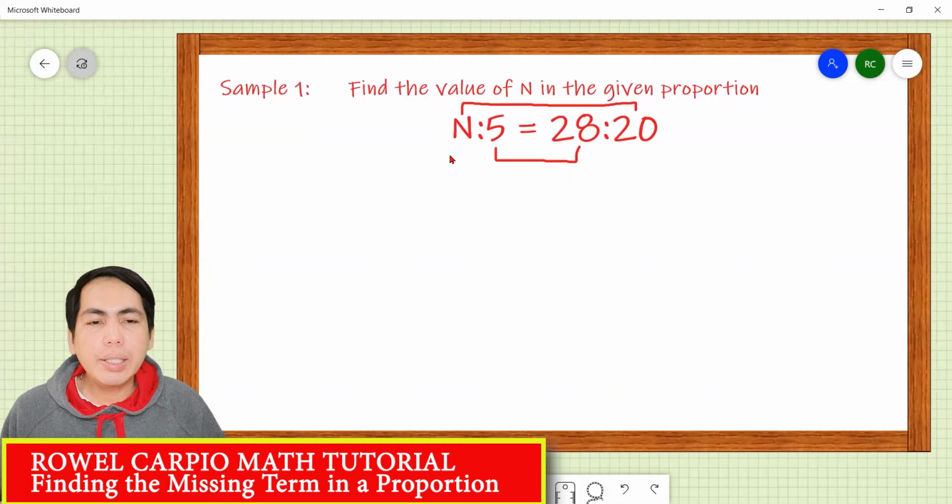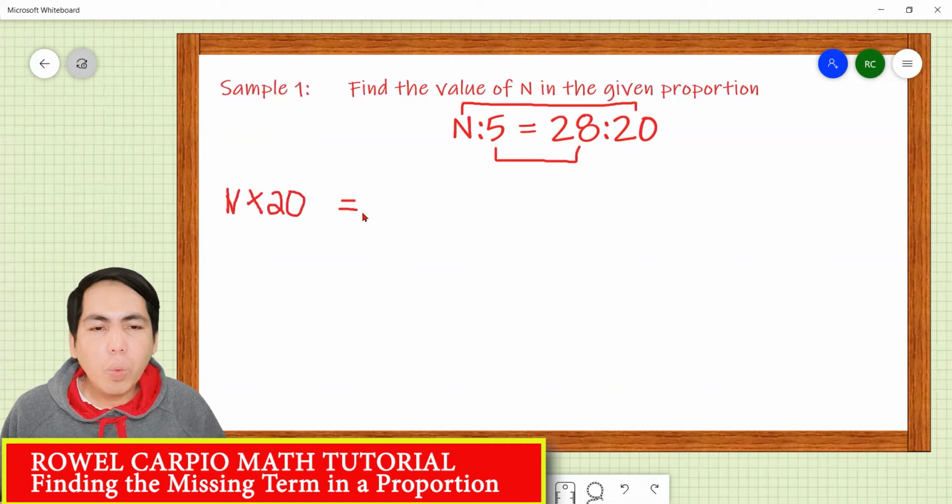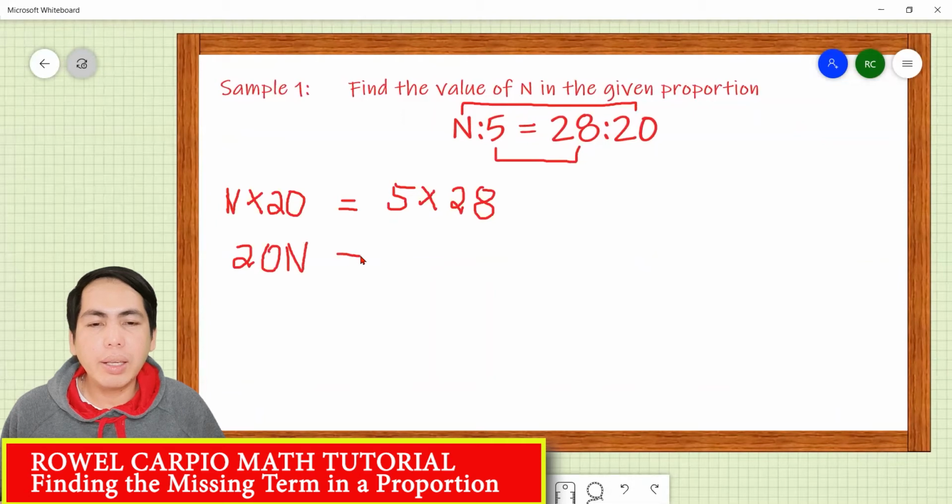So our extremes are n and 20. N times 20 is equal to our means, 5 times 28. So n times 20 is 20n, equal to 5 times 28, which is 140.